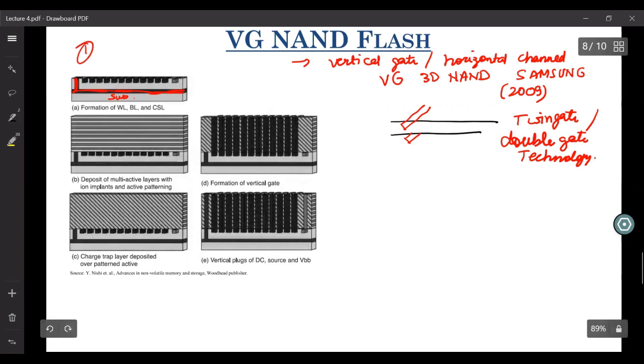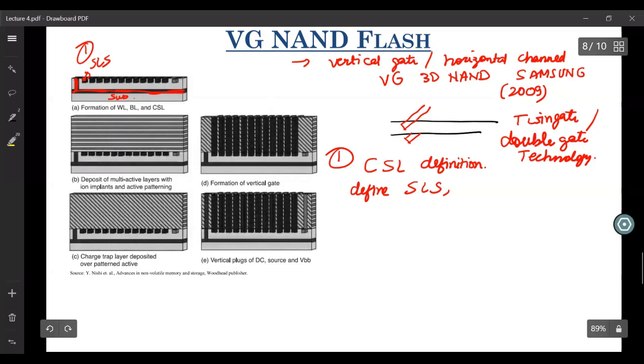So in the first step, first define your common source line, and then you also define your source line selector.